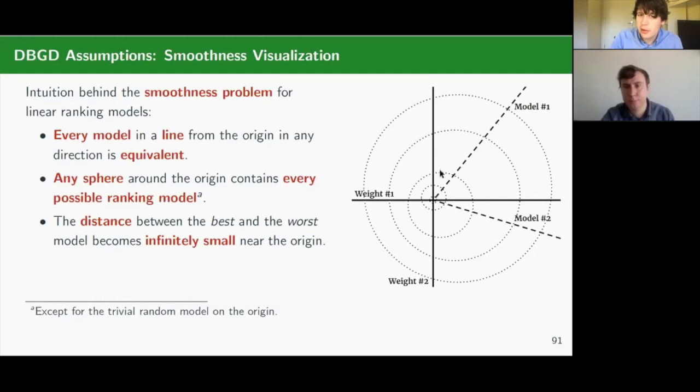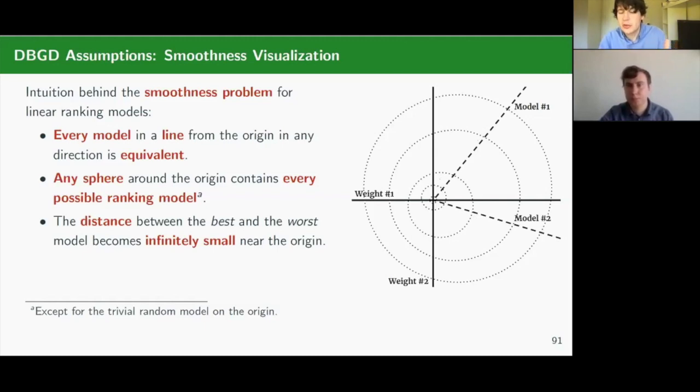Same for the best model, which means that near the origin, the distance between a ranker with optimal performance and with the worst possible performance becomes infinitely small. So with any step size, no matter how small, you can go from the best to the worst performance in one iteration. And this goes against the entire idea of dueling bandit gradient descent, where you slowly improve your performance.